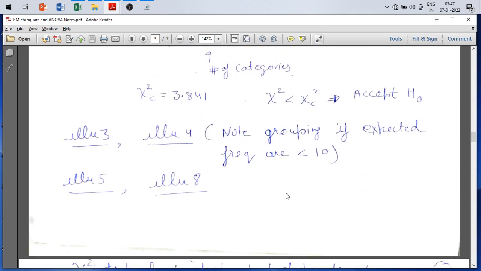There are many examples of this in our book, particularly examples 3, 4, 5, and 8 in the 10th chapter. So let us just go through these quickly.